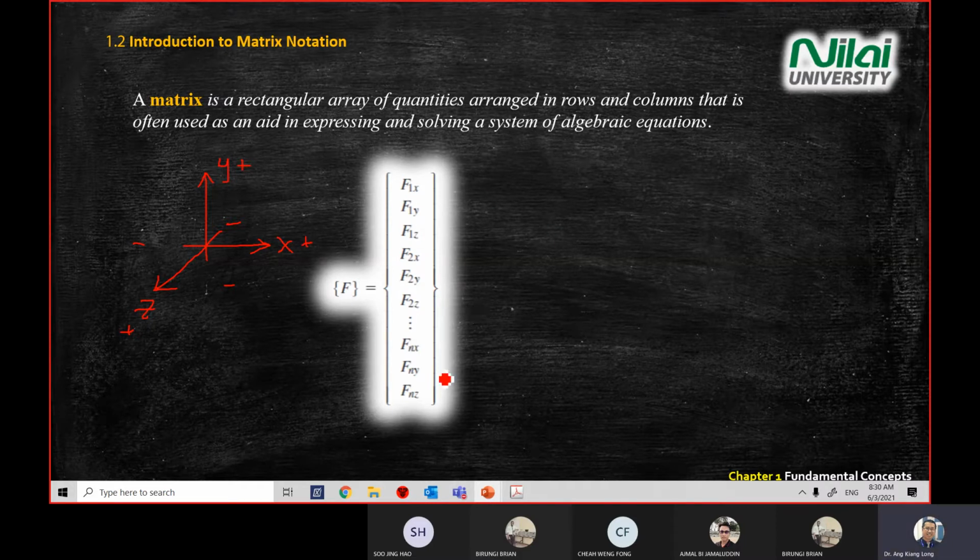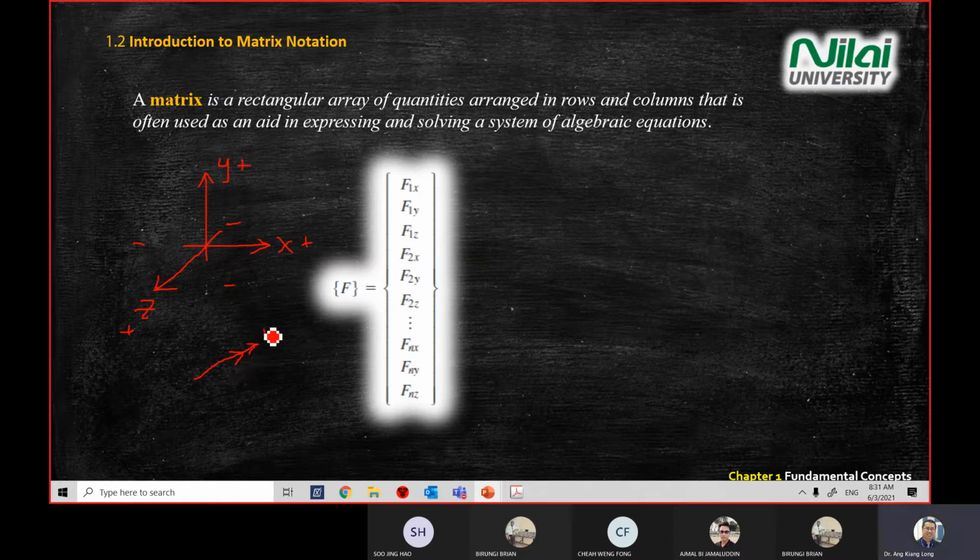Another one, we'll deal with the force already. So if your force is at point 1 in the x direction, you write it this way, F sub 1x. If it's the y direction, you write point 1 in the y direction. You deal with a lot of vectors here.